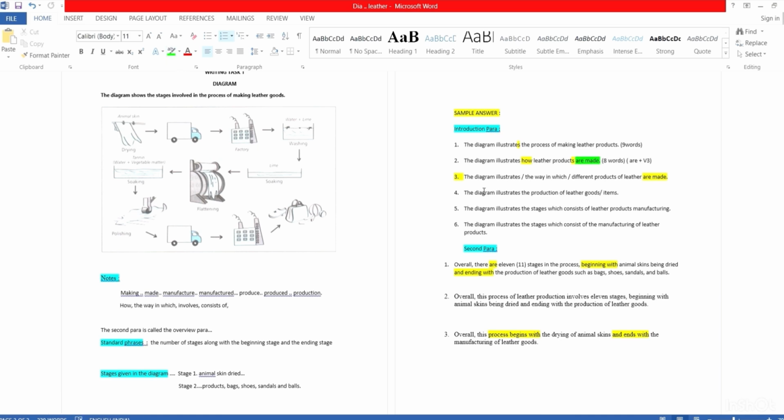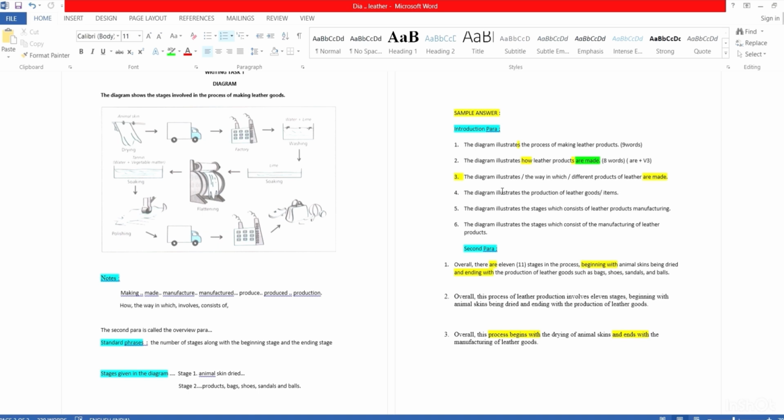Right. The third one, the diagram illustrates the way in which. I have used it in the oblique forms so that you also remember that there are 4 strong words for sure. So it is the way in which different products of leather are made.